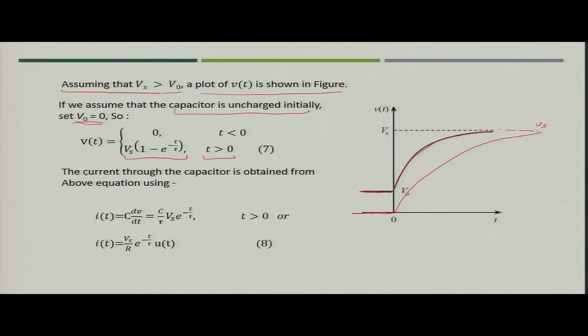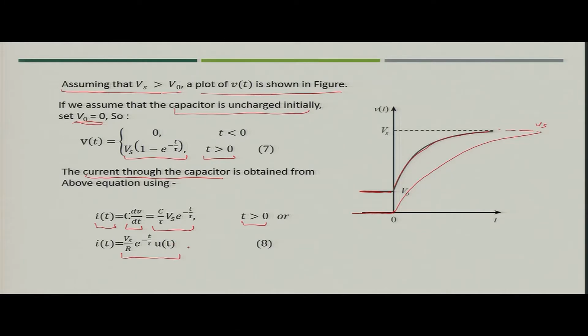Now, if you are asked to find the current through the capacitor, you simply differentiate the voltage equation which we have got. So, current i at any time t is equal to C dv by dt. If you differentiate, you will get i(t) equal to Vs by R e to the power minus t by tau, and you add u(t) to make sure that you are referring to time greater than 0, because this is a unit step function.